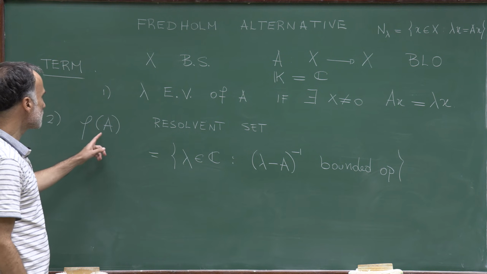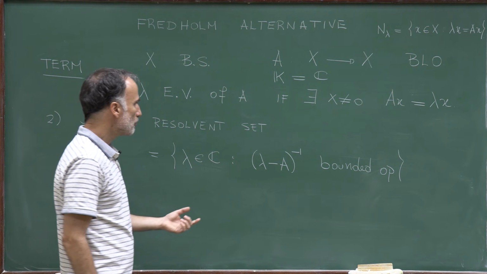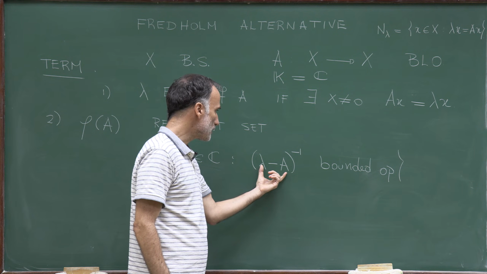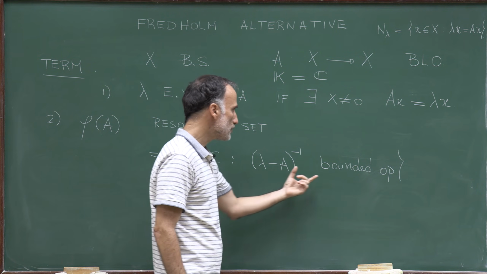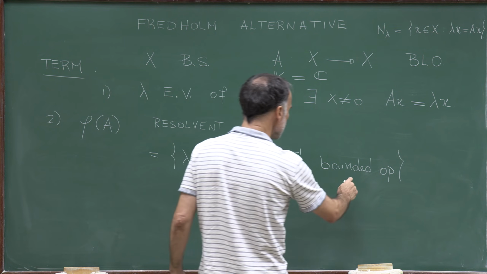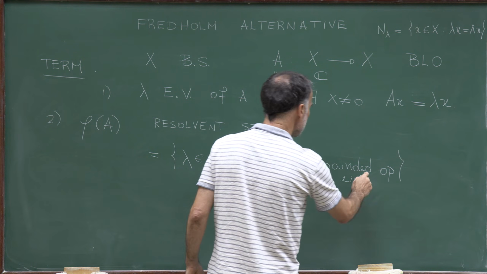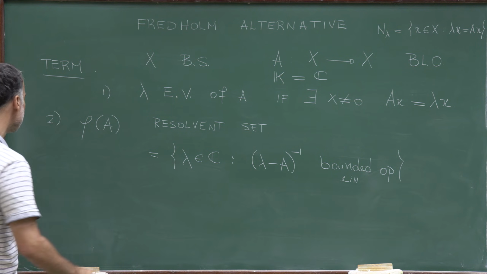So you see, the resolvent set is the set of all lambdas for which lambda minus A is a bijection, so I can define the inverse, and the inverse is a bounded linear operator. Linear it's always, so I didn't say it, but let me mention it. So this is the resolvent set.